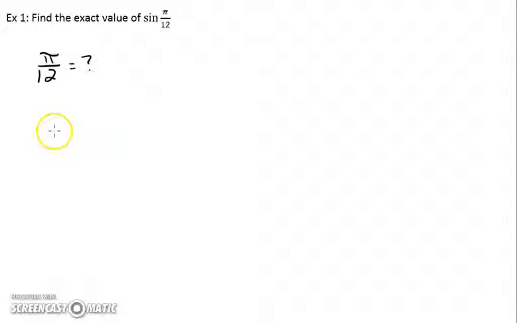So if we think about pi over 12 and what we have on our unit circle, we have pi's over 3 and pi's over 4. If we were to combine those together with a common denominator, it would be pi over 12. So pi over 12 is actually going to be equal to pi over 3 minus pi over 4.